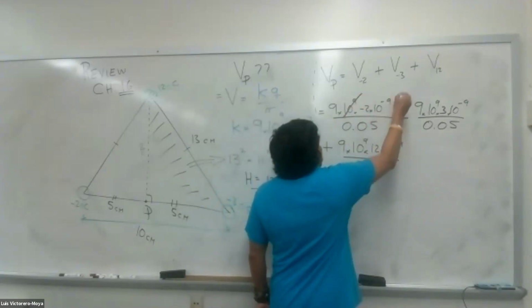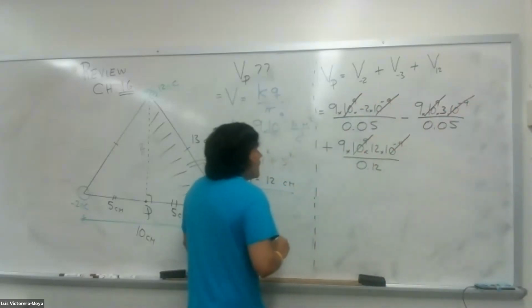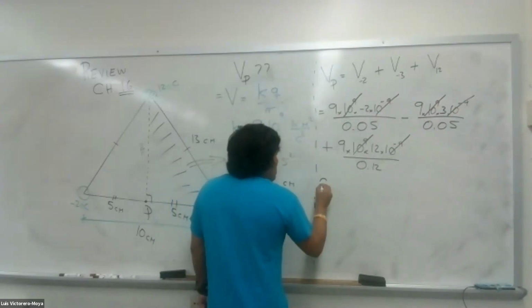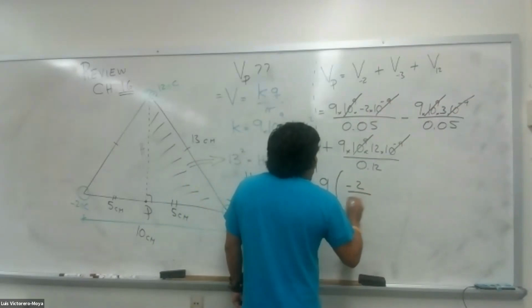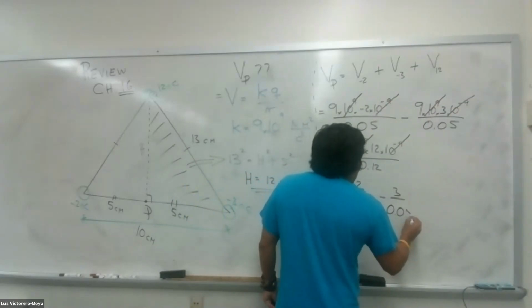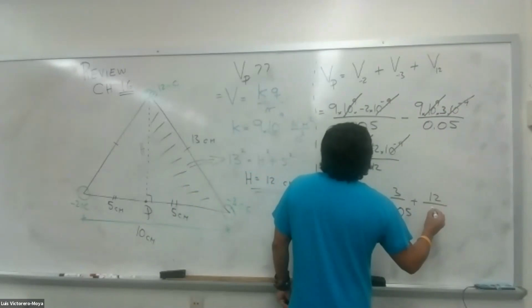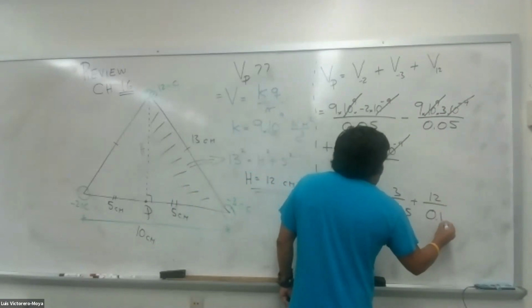So all this can cancel. And then I can factor 9 out. 9, parenthesis, -2 over 0.05, -3 over 0.05, plus 12 over 0.12. Oh, not bad. Exactly.